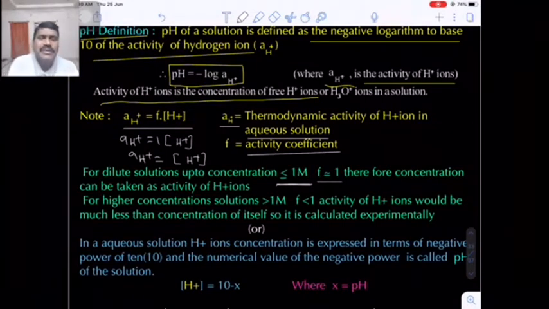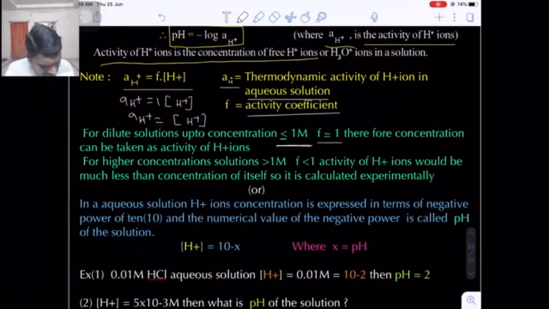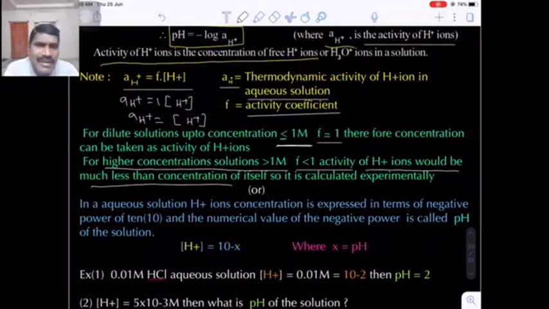Remember, very dilute solutions. Suppose the solution is very concentrated, whose concentration is greater than 1 mole per liter. For such a solution, the activity value will be less than 1, which can be determined experimentally. If higher concentrations of the solutions are present, then the activity of H plus ions would be much less than the concentration itself. We do not know the activity coefficient for a concentrated solution directly; that's why it is experimental data.